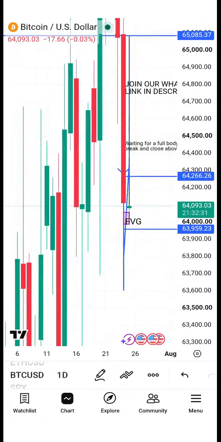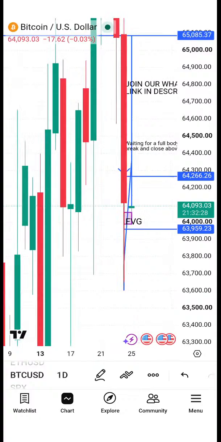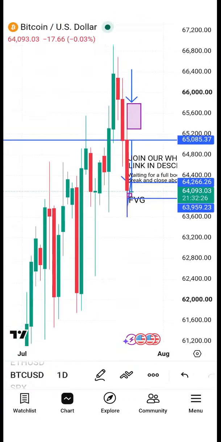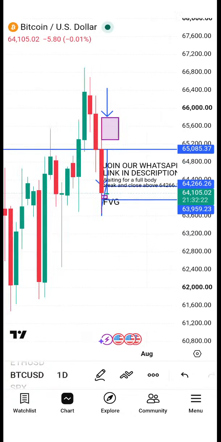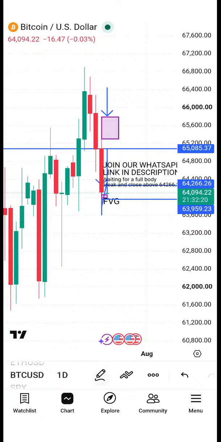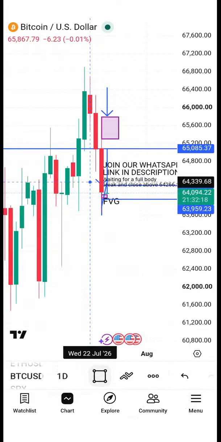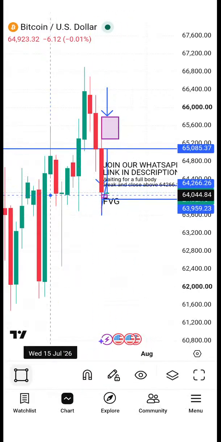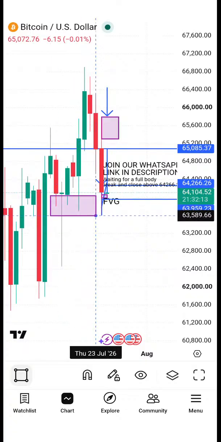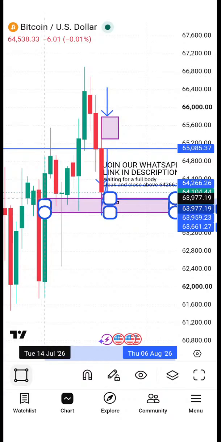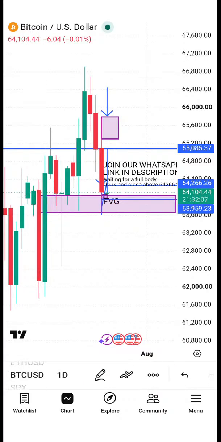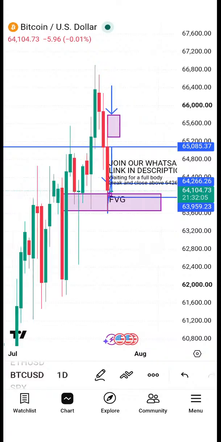You can see what is happening on the daily time frame, guys. Bitcoin is just testing the major support.